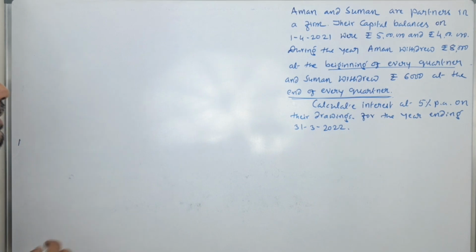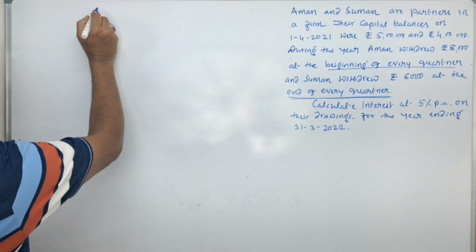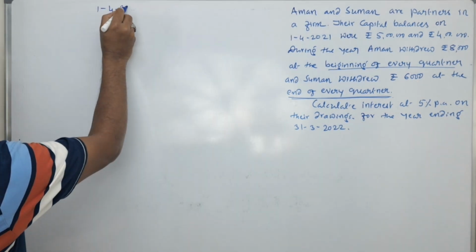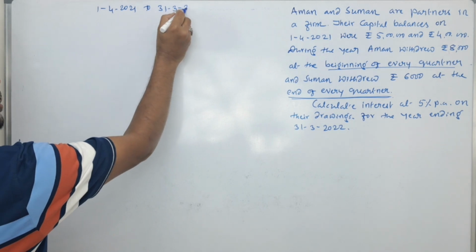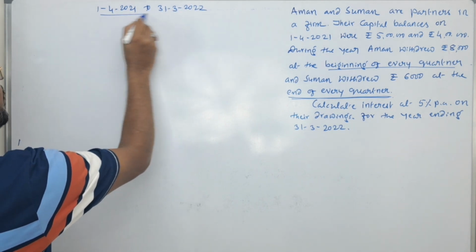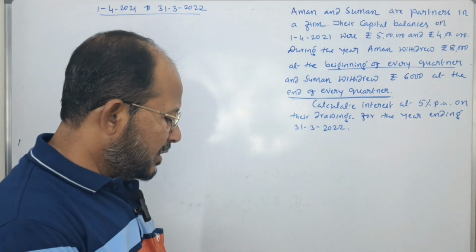Now, first important thing to remember here is what is the accounting year? 1st April 2021 to 31st March 2022. This is the period of 12 months for which the partners have maintained their accounts.